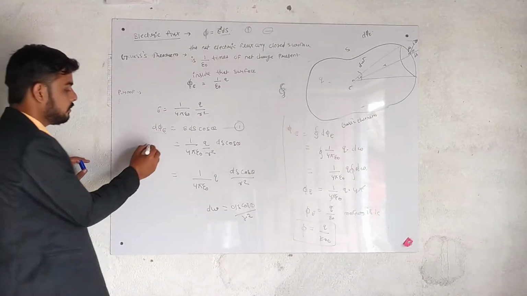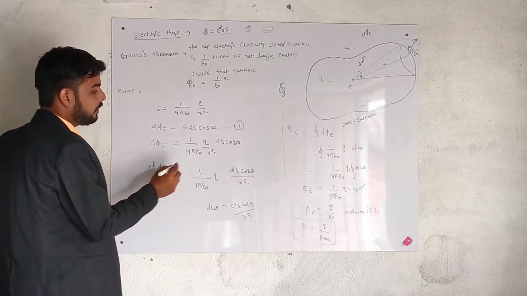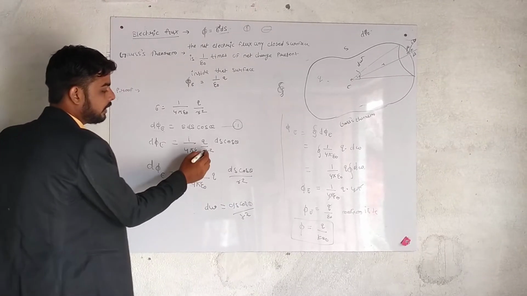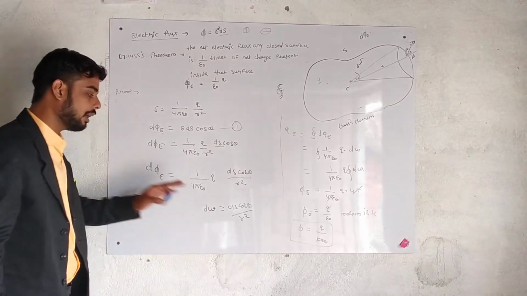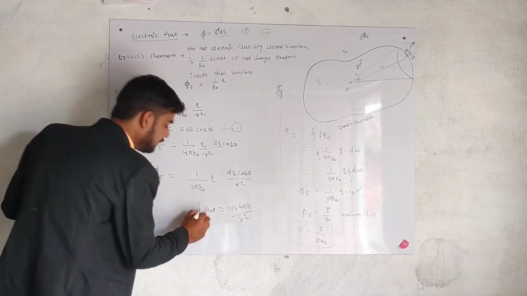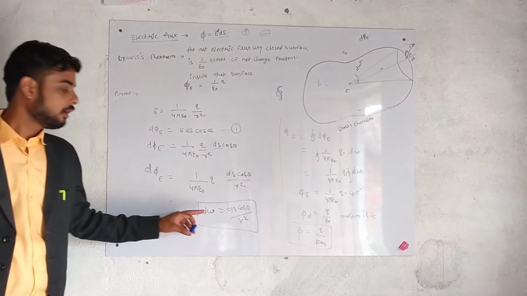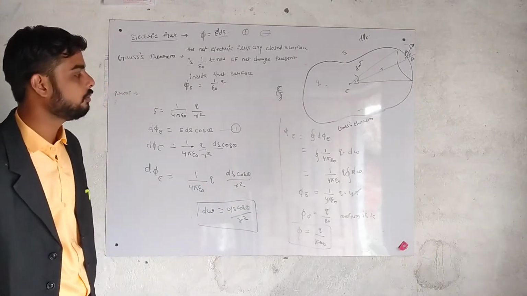Now we separate 1 upon 4 pi epsilon naught Q, and the remaining part is ds cos theta upon R square, which we know is d omega. So in place of ds cos theta upon R square, we will put d omega.